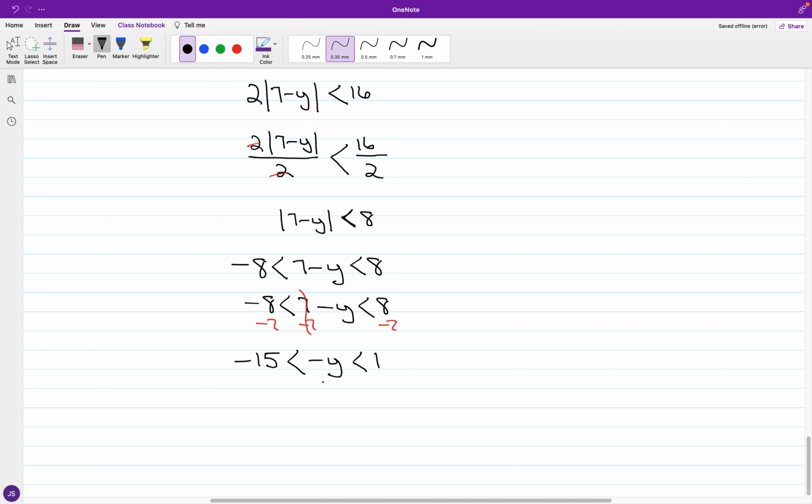For expressing this not in terms of negative y but positive y, I can either multiply or divide by a negative. In effect, changing the sign values, we change the direction of the inequality.